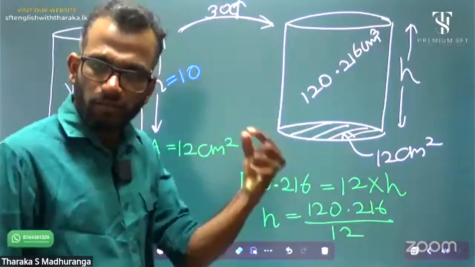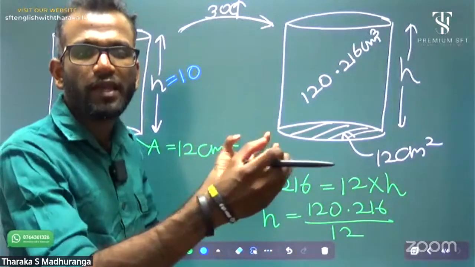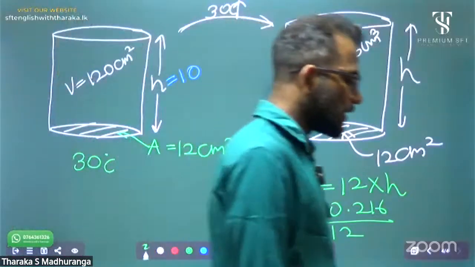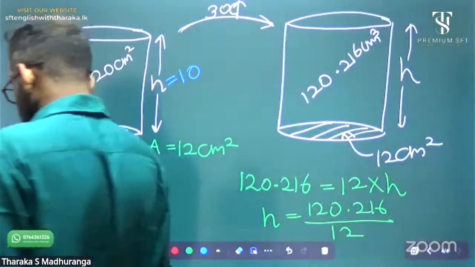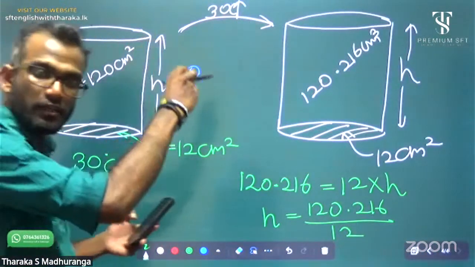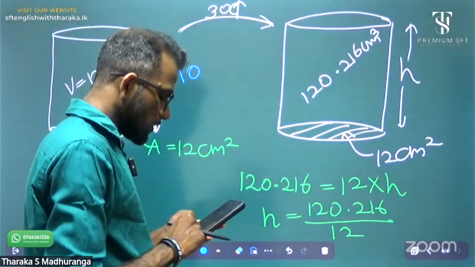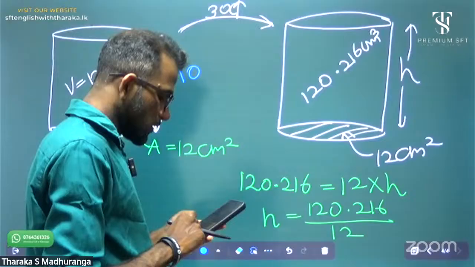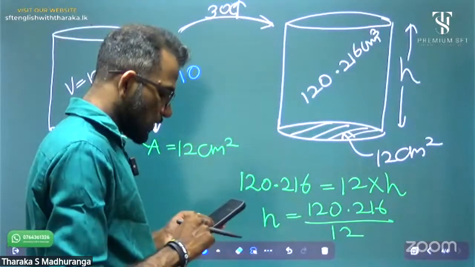It's a very small value, decreasing, because of container expansion. I told you initially the liquid level decreases, right? Initially it is decreasing. 120.216 divided by 12.